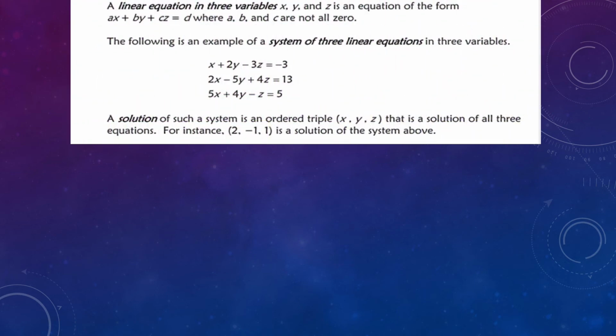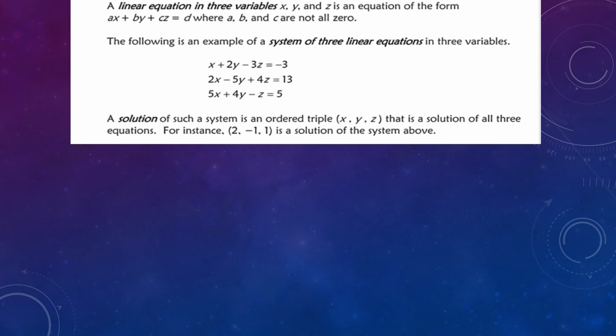Now we're going to see how many solutions there are for a system of three linear equations. There are three types of solutions. You can see here in these examples: x plus 2y minus 3z equals negative 3, 2x minus 5y plus 4z equals 13, and 5x plus 4y minus z equals 5.